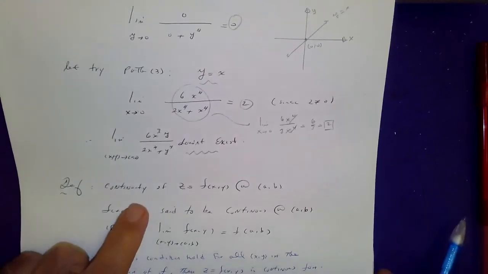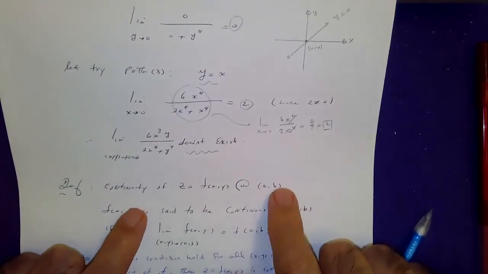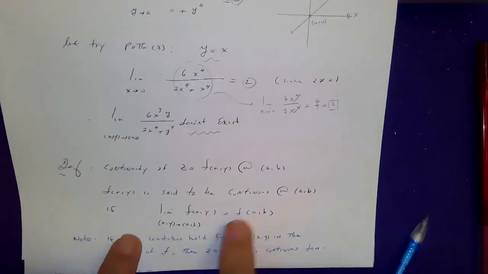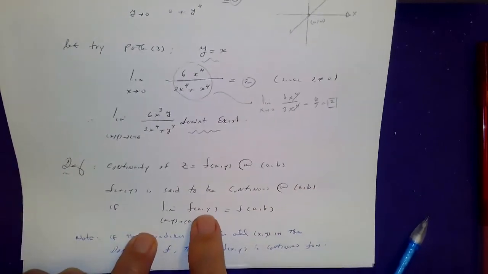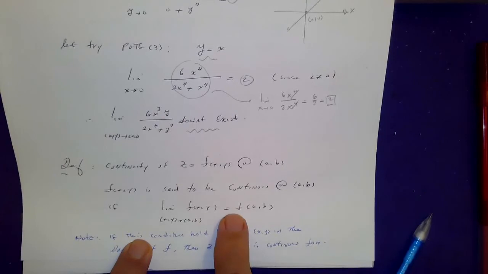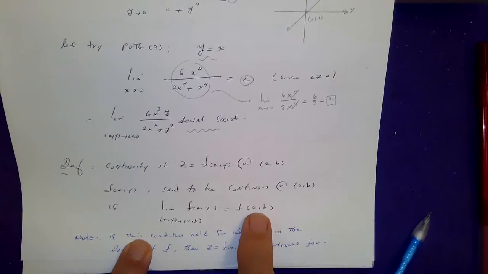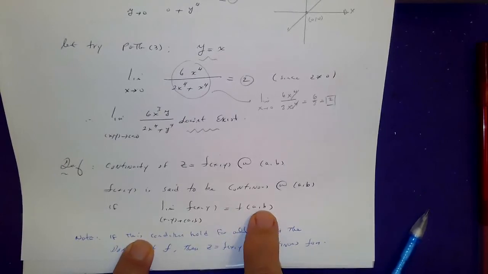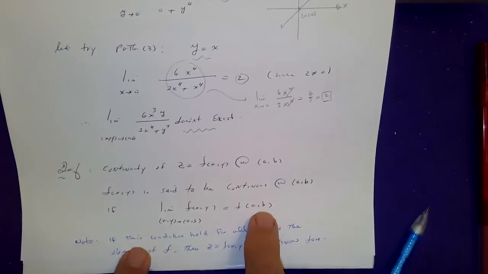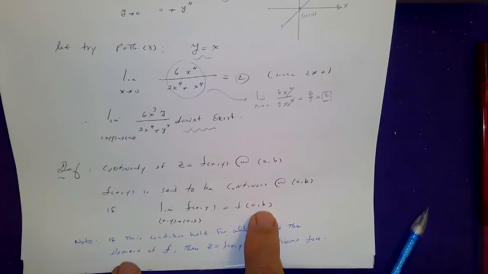As far as the continuity of the function at a point, the definition is we say f of (x, y) is continuous if the limit of f(x, y) as (x, y) approaches (a, b) is exactly identical to the value of the function, that's the z component, when it's evaluated at (a, b).